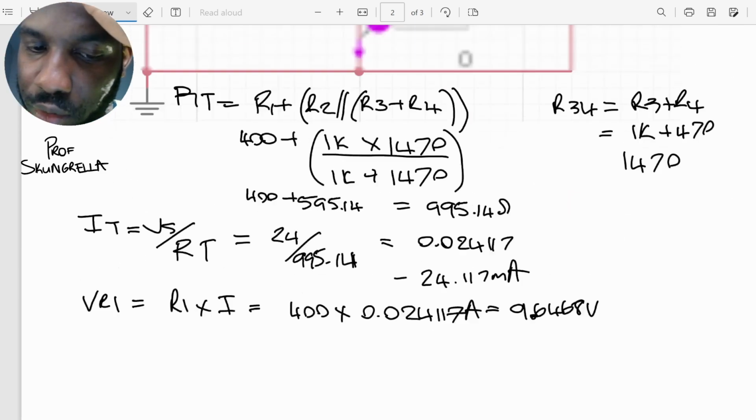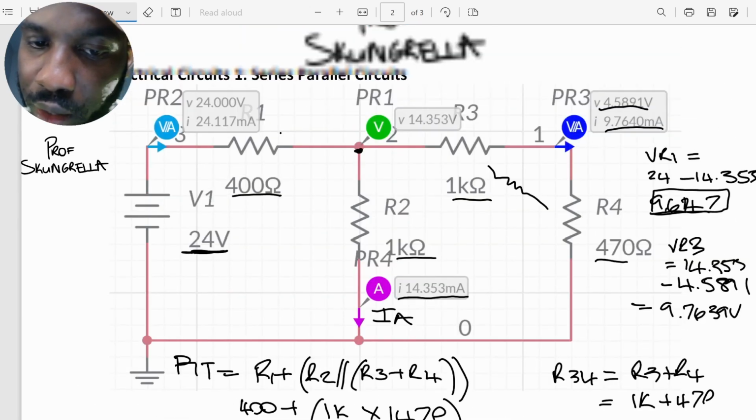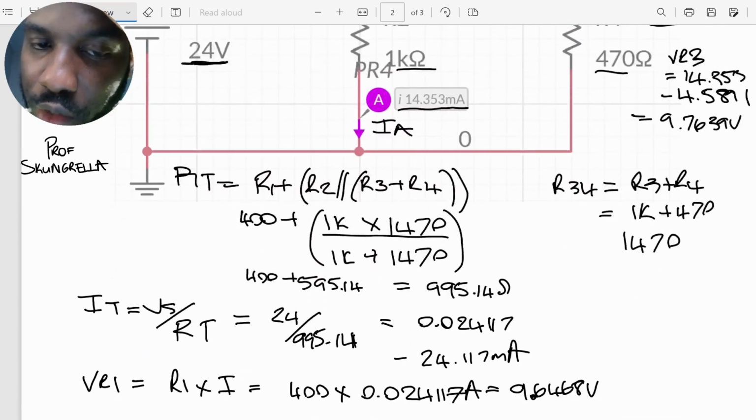Then we continue. Since we know the voltage drop here, we can find the voltage here, because the voltage drop here and the voltage drop here will add up to 24. And so we can find VR2.